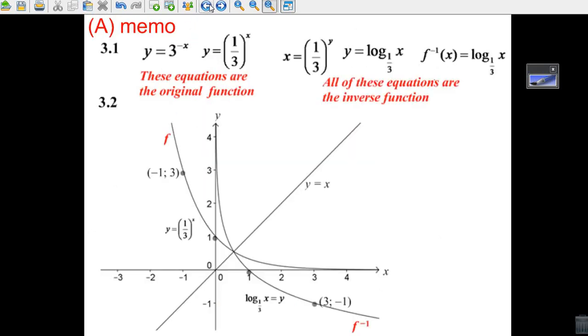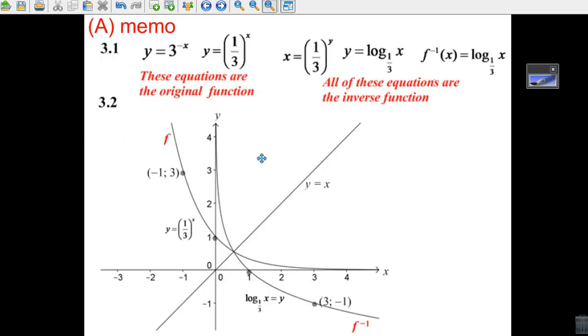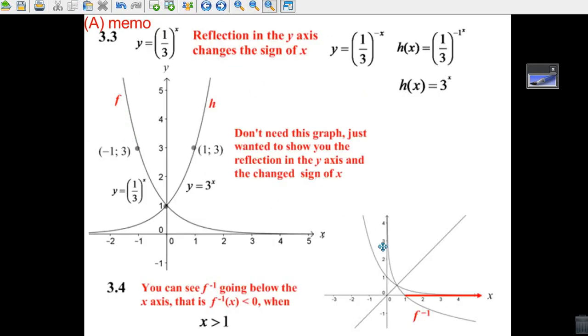Now the last question says, for which values of x will the inverse function become negative? Well, first we take a look at what the inverse function is. It's this one. When does it drop below 0? When is it less than 0? Well, it's greater than 0 at 3, 2 and 1-ish values, and it's equal to 0 at 1.